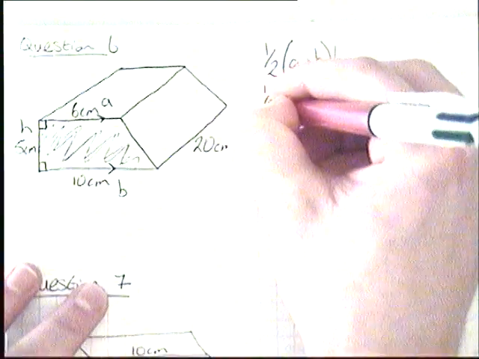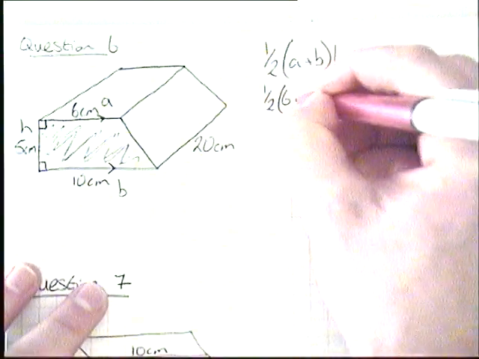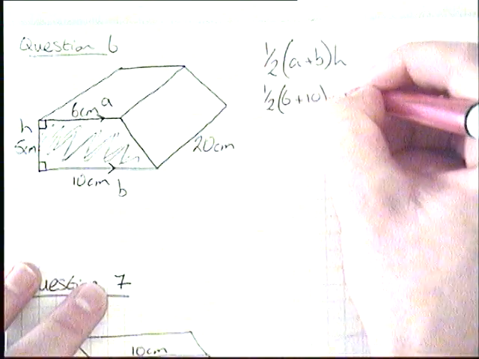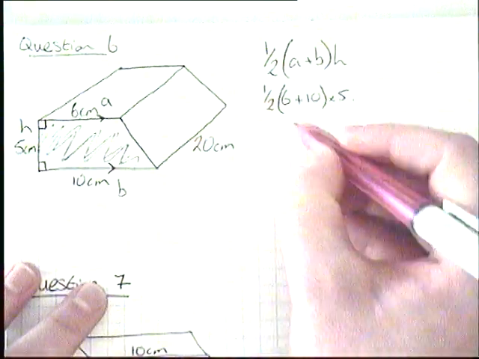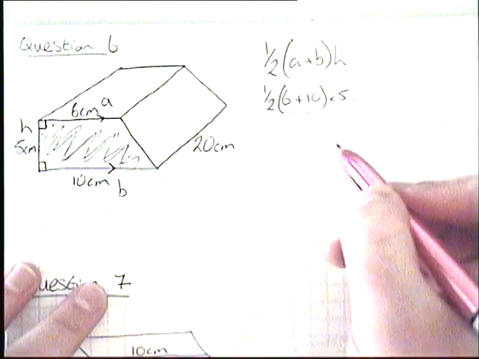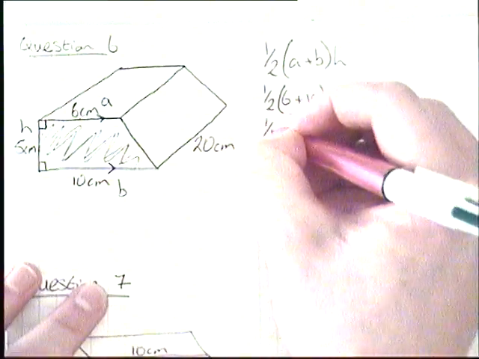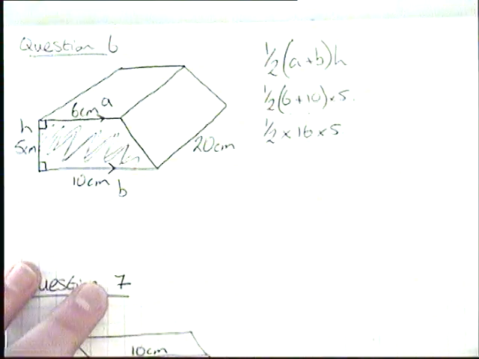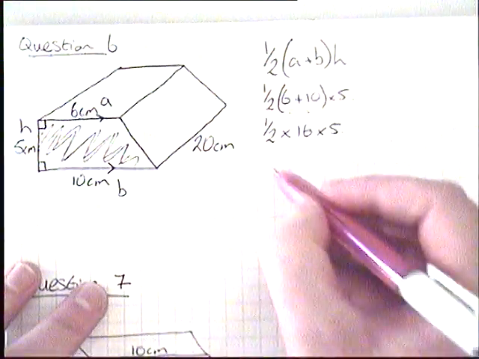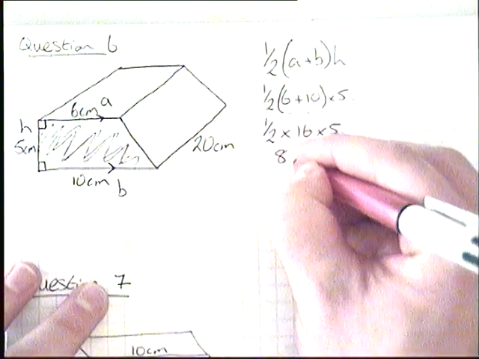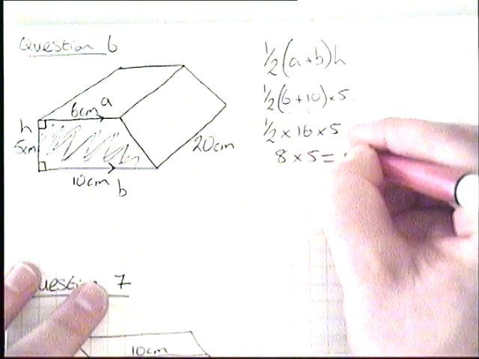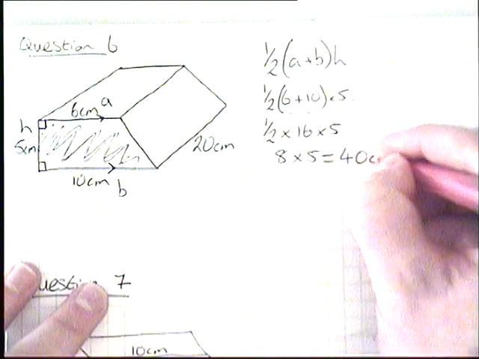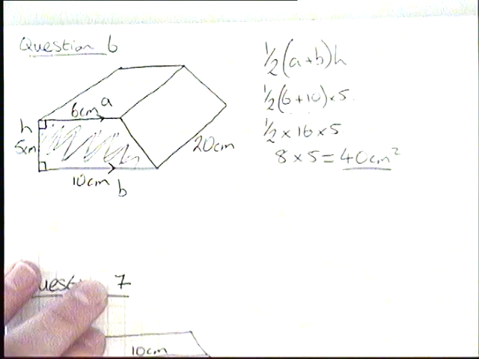So we've got half times 6 plus 10 times by 5. So we can work out our bracket first. 6 plus 10 is 16. So we've got half times 16 times by 5. Half of 16 is 8. Multiplied by 5 is 40 centimeters squared. So that's the area of our cross section.